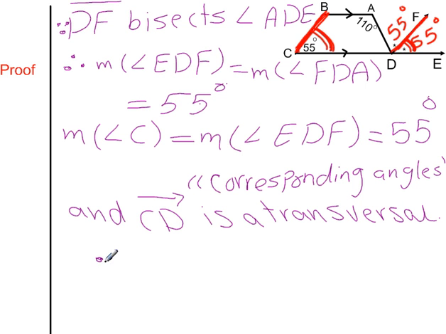Then we can say CB line segment is parallel to DF ray, and that's what we need.